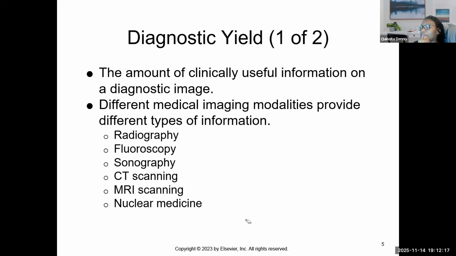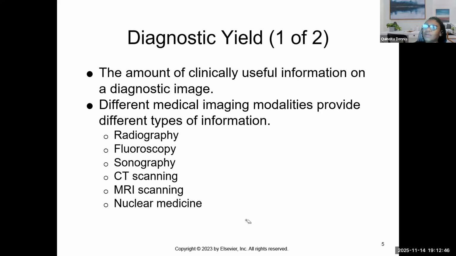And then the last one right there is nuclear medicine. With that one, they are injecting the patient with radioactive tracers or nucleotides. Those tracers are attracted to wherever the issue is. Once they inject it, they use a gamma camera to detect the radiation coming off of the patient.